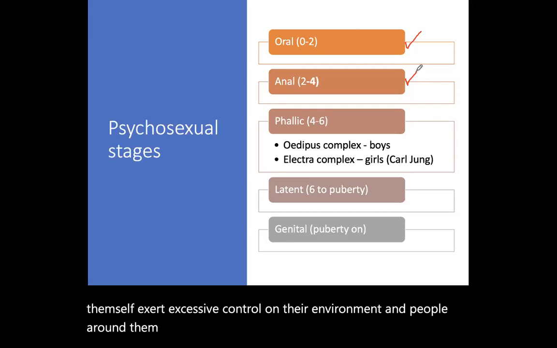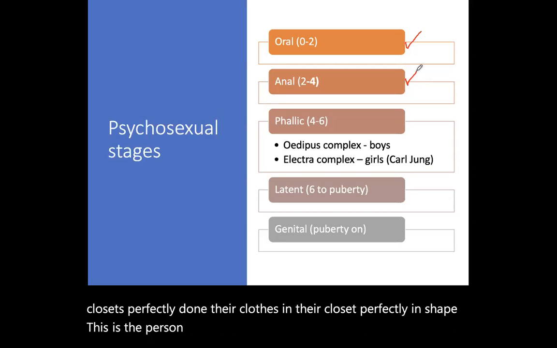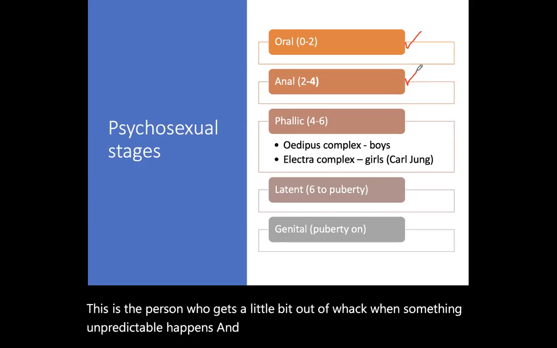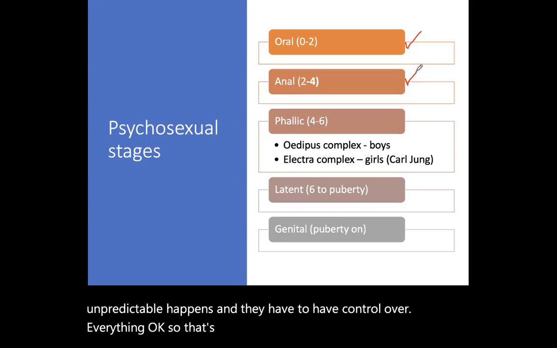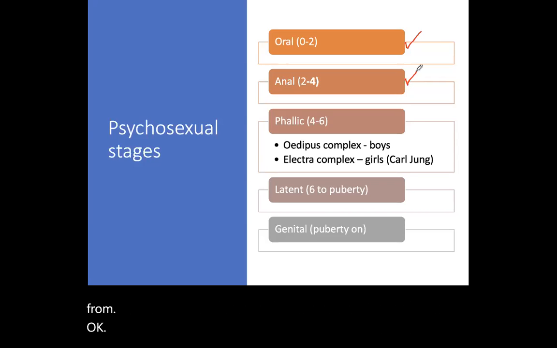So this is the person who has their shoes in their closets perfectly done, their clothes in their closet perfectly in shape. This is the person who gets a little bit out of whack when something unpredictable happens, and they have to have control over everything. Okay, so that's where the term "you're being anal" comes from. And so that's the second stage of development.